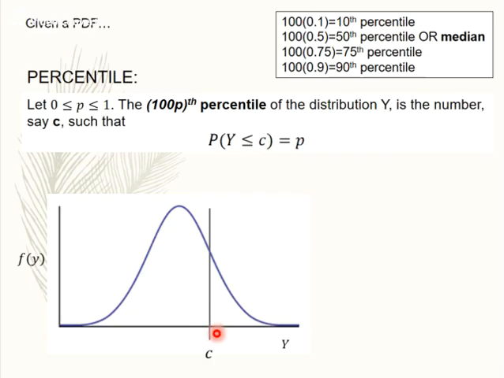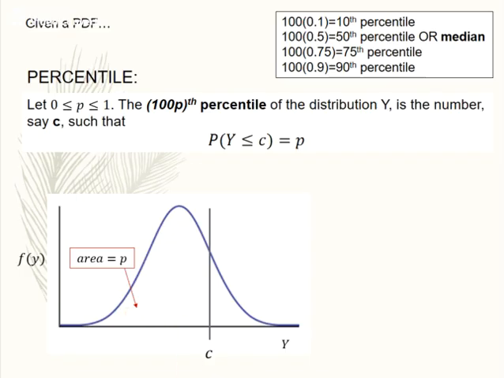And what the 100P-th percentile tells you is that P is to the left of this. In other words, remember when we talk about a PDF, we always refer to the area under the PDF being that proportion or probability. So this whole area here is equal to P.